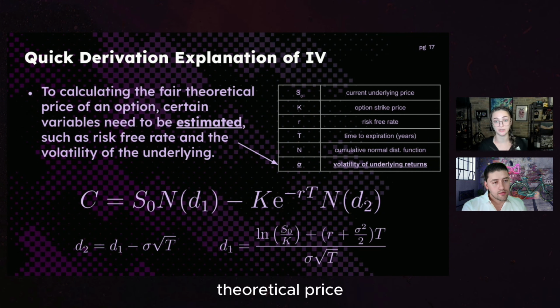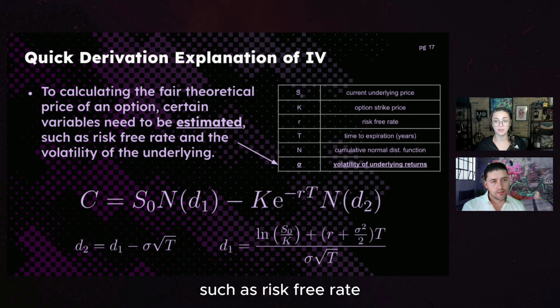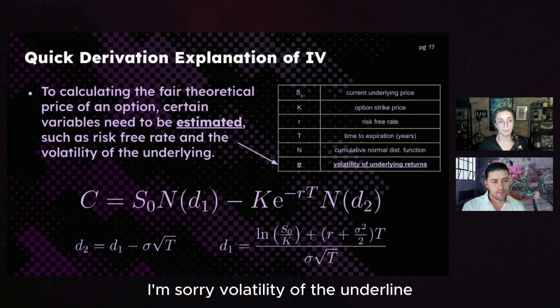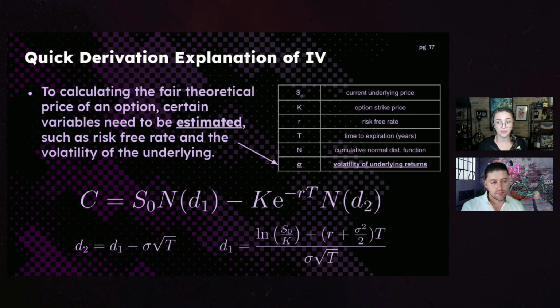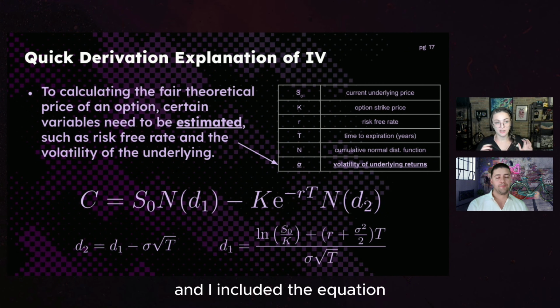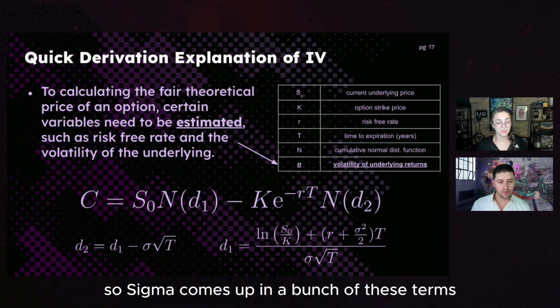We need to estimate certain variables such as the risk-free rate, which is R, and the volatility of the underlying. We need some estimate for volatility in order to figure out what that fair theoretical call price is, and that's what that sigma is. I included the equation so you can see how it factors in. Sigma comes up in a bunch of these terms.